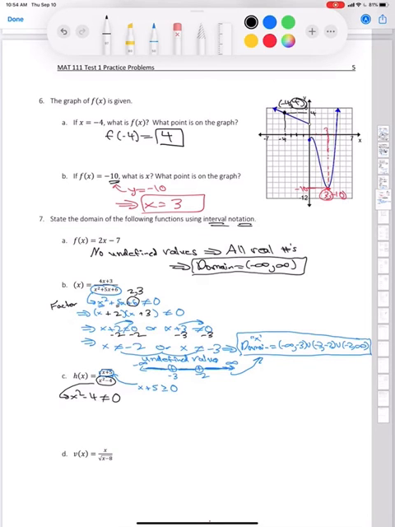Now x squared minus 4, I'm going to go ahead and factor that. The difference of squares: x squared minus 2 squared. So that's x minus 2 times x plus 2. So we apply our zero factor property. x minus 2 cannot equal 0, or x plus 2 cannot equal 0.